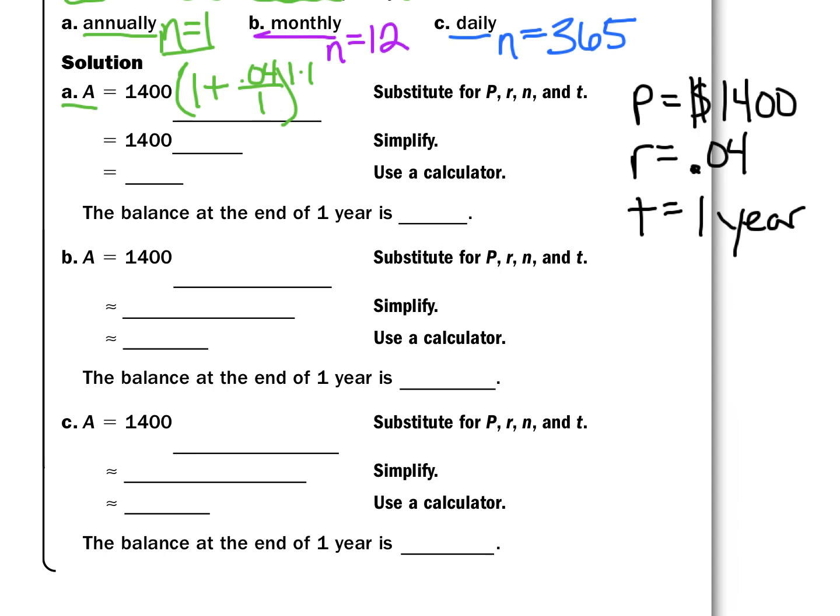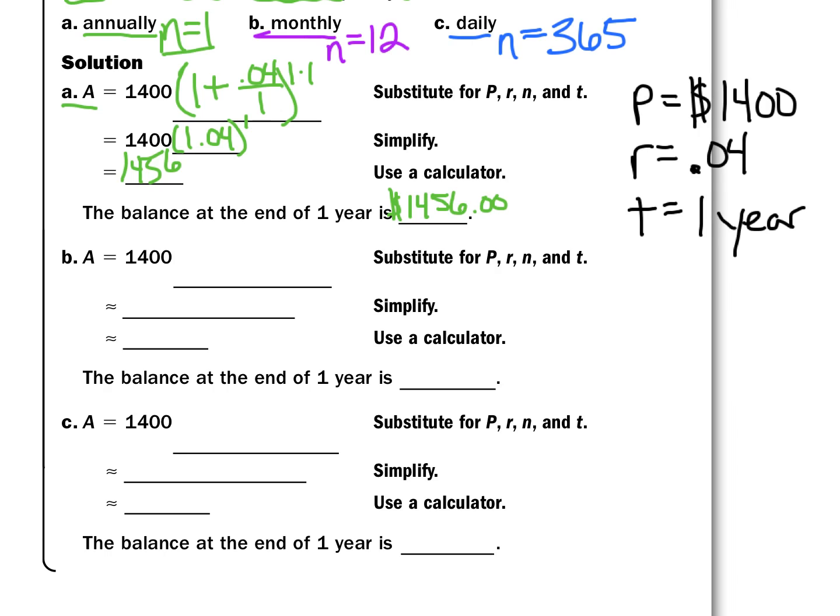So that would be 1 plus 0.04 divided by 1, so 1.04, raised to the 1 times 1, which is 1. So then 1,400 times 1.04 is equal to 1,456, which means that our balance after 1 year is $1,456 even. Okay.